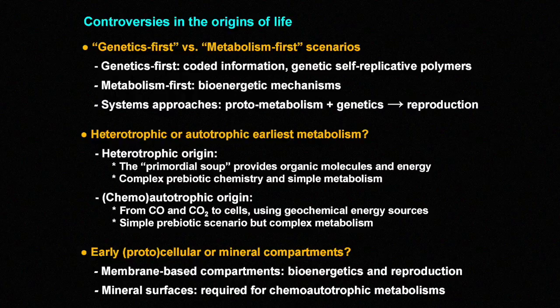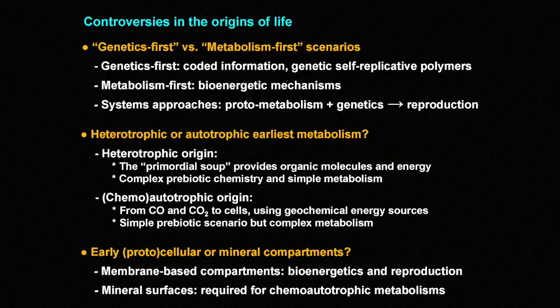And the RNA world is a good example of this scenario. We'll talk about this scenario in the next slides. On the contrary, metabolism first gives more importance to the bioenergetic mechanisms that were also needed for the origin of life.